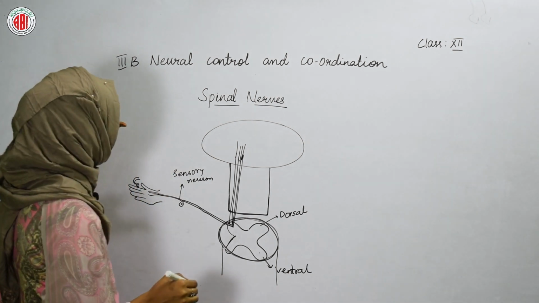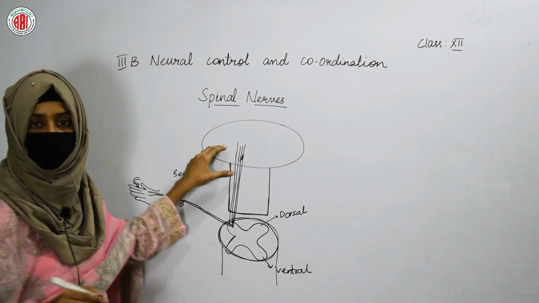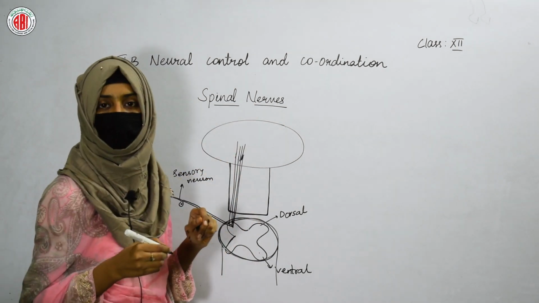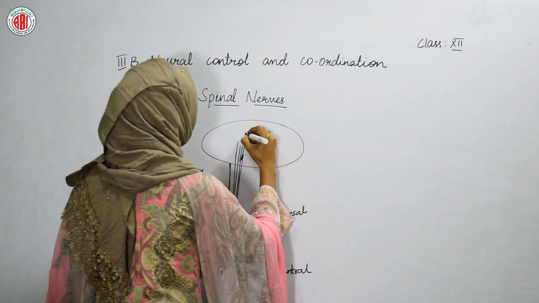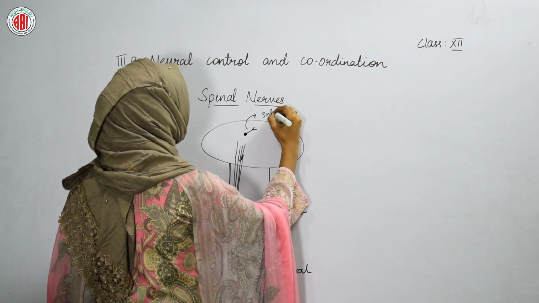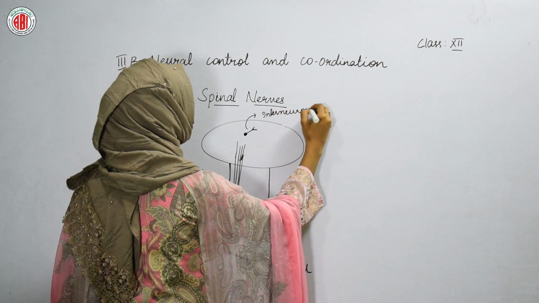When the sensory neurons reach the brain, some other neurons are found in our brain, and we call those neurons interneurons. Interneurons are also called association nerves.